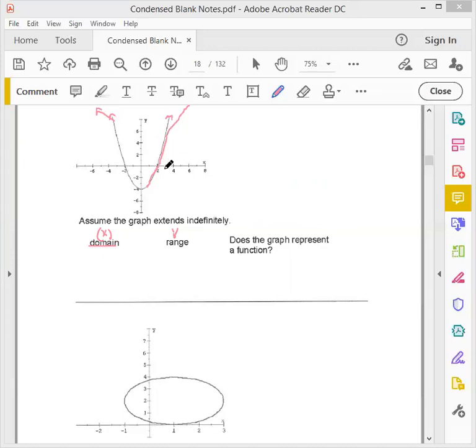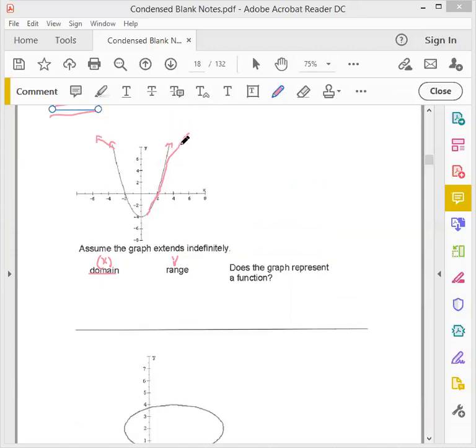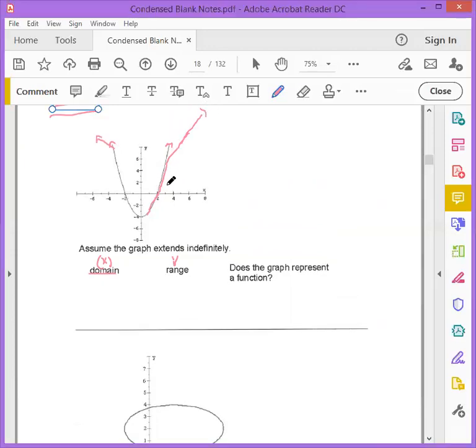Even out here, 3 and 4 are involved because this graph continues to move on, beyond what we could see. The values of x could increase on both sides. Therefore, x could be any number, and we would write that our domain is all real numbers.